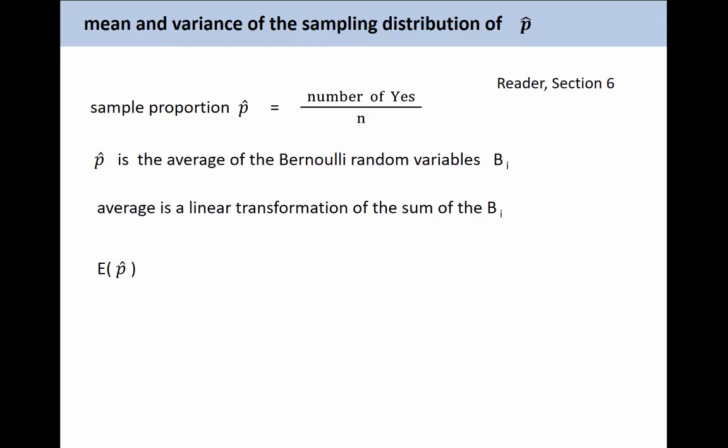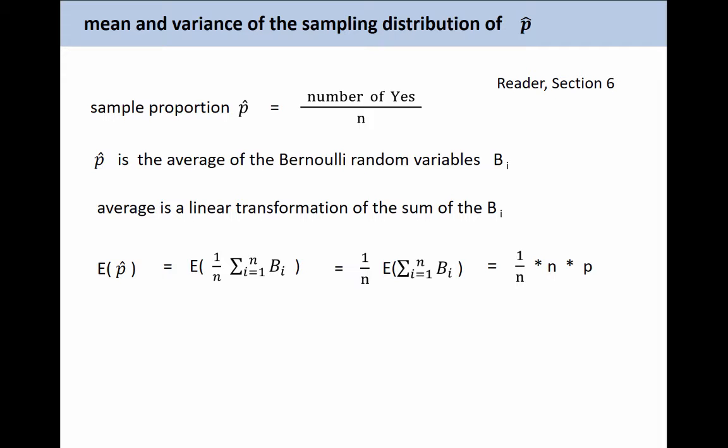The expected value of p hat is the expected value of 1 over n times the sum of those Bernoullis. What happens in a linear transformation with a multiplicative constant like that is it just comes right outside the expectation, and we have 1 over n times the expected value of the sum. And of course we know then we have 1 over n times np.